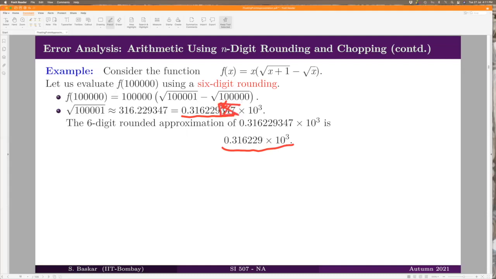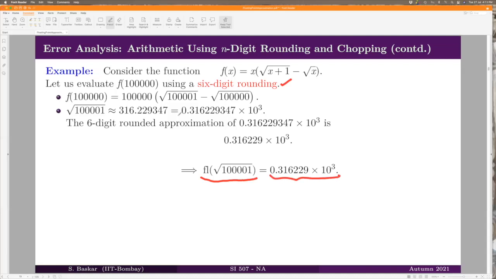If it was greater than or equal to 5, then we would have added 1 to the previous digit. So the floating point approximation of root 1 lakh 1, as per our definition of FL, is going to be this, whereas the actual number is in fact something more than this. There is more here, but the floating point approximation of that number as per 6-digit rounding is this.